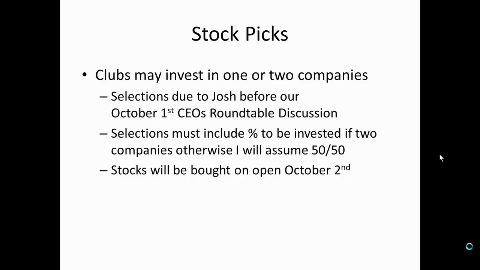If you pick two companies, you need to include what percentage you want to invest in each. If you don't include that, it will be a 50-50 split. I will buy the stocks in the clubs at the open price on October 2nd. We will put this list out as a sheet that you can refer to from the CEO's homepage under the schedule and resources.